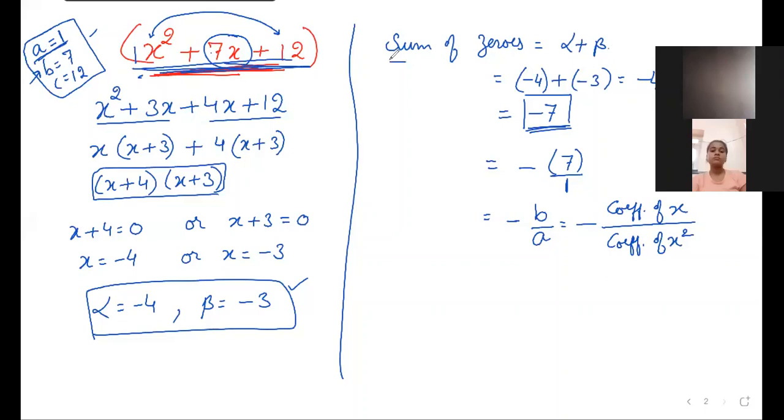So this shows that sum of zeros is equal to minus b upon a, or minus coefficient of x upon coefficient of x squared. So this is the relationship which is created.